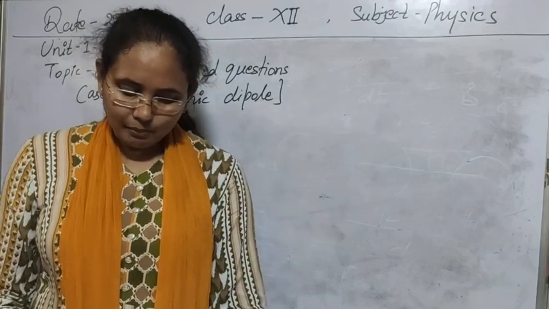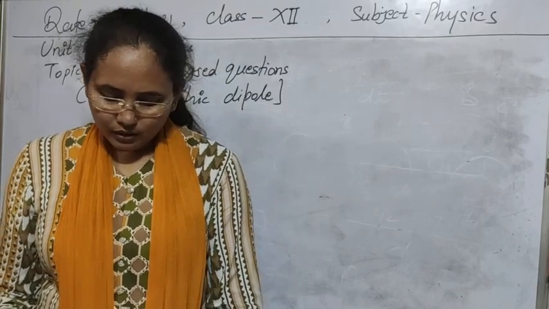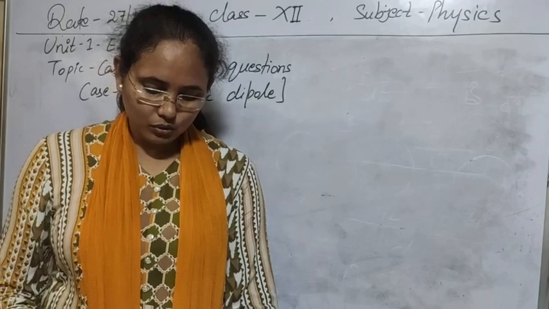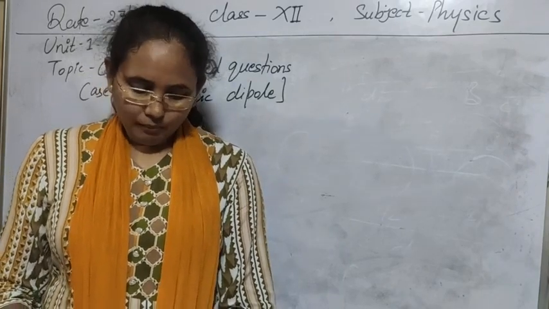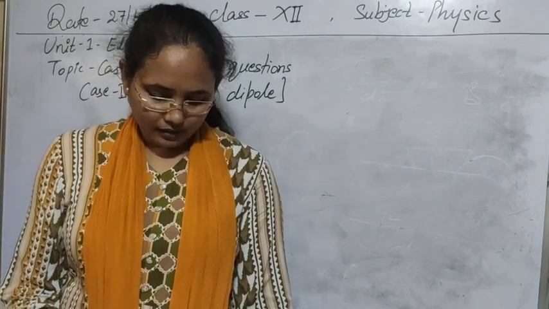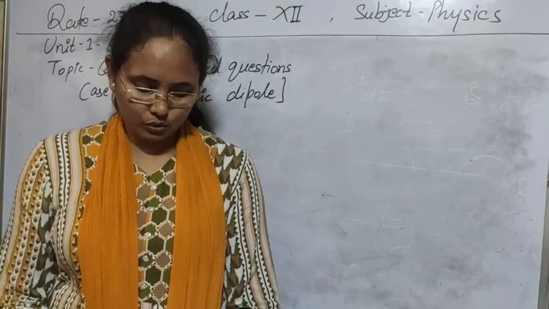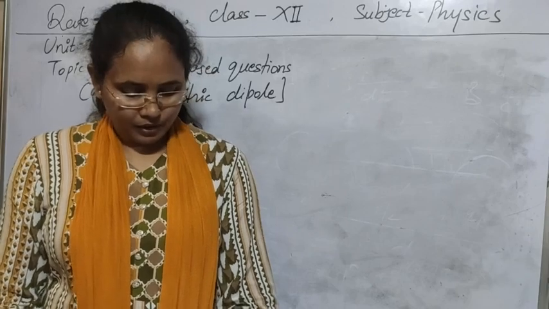An electric dipole is the simplest example of this fact. An electric dipole is a pair of equal and opposite charges, plus q and minus q, separated by some distance 2a. Its dipole moment vector p has magnitude 2qa and is in the direction of the dipole axis from minus q to plus q.